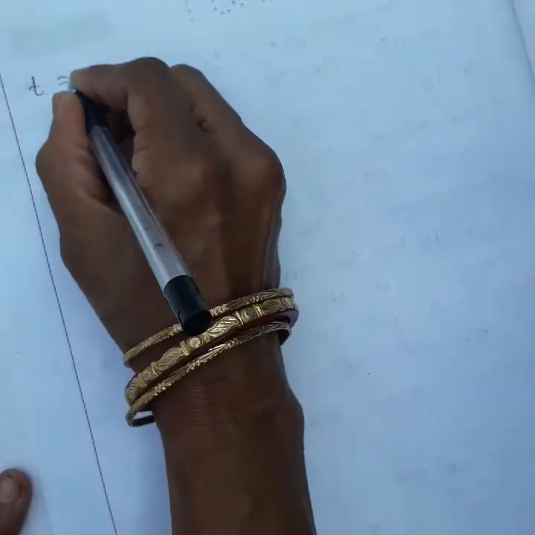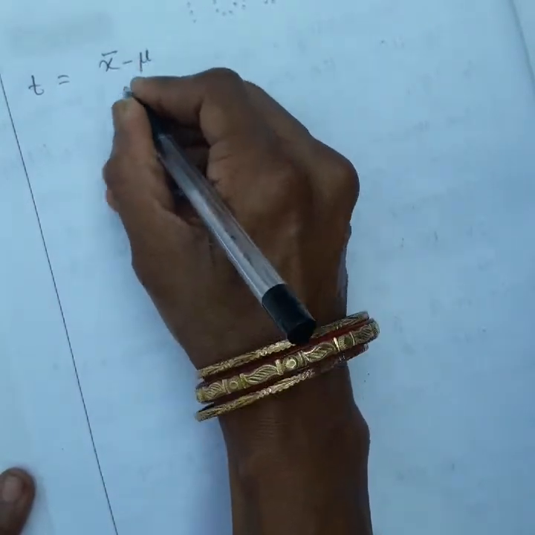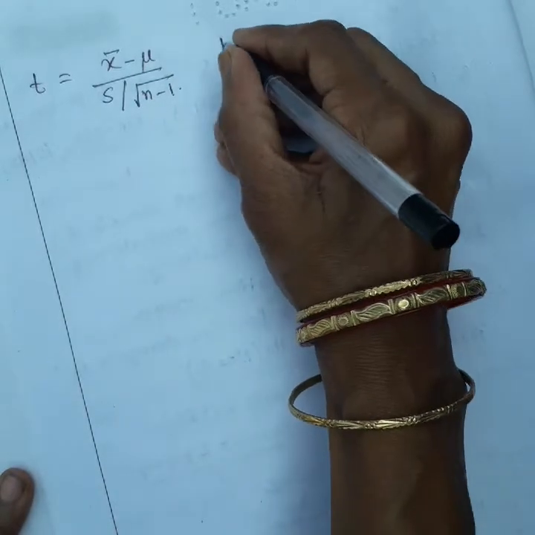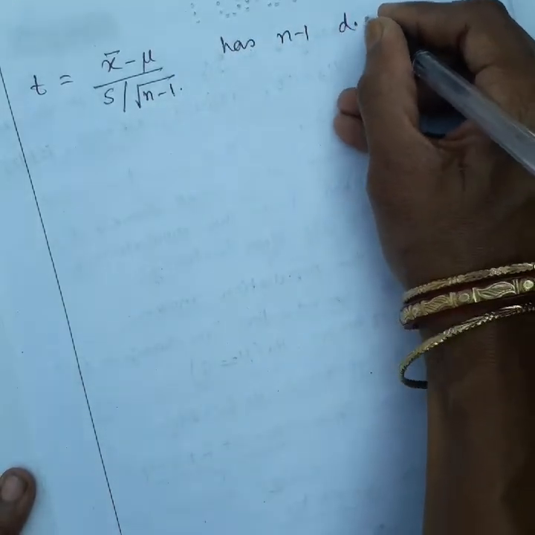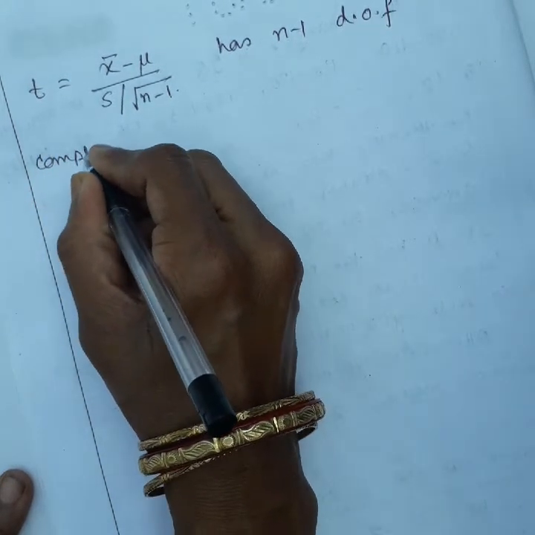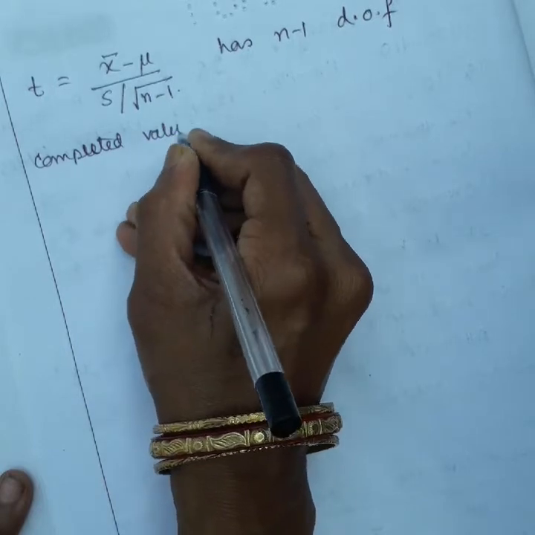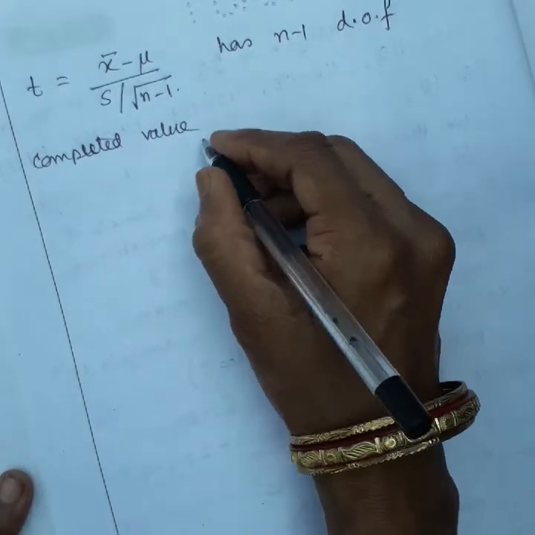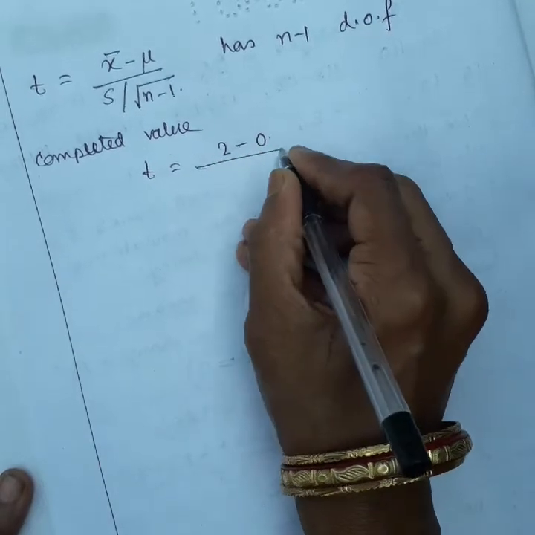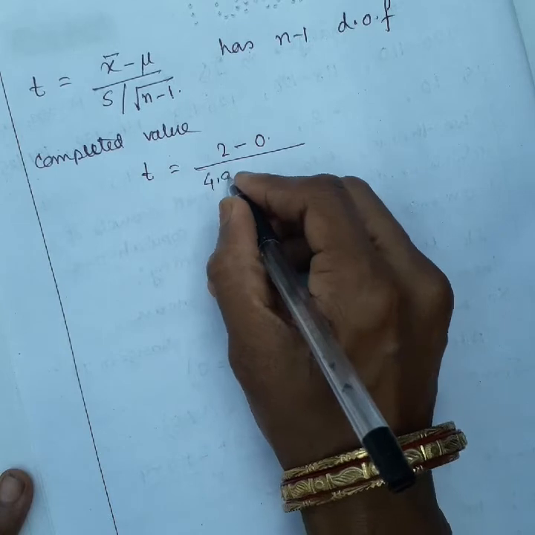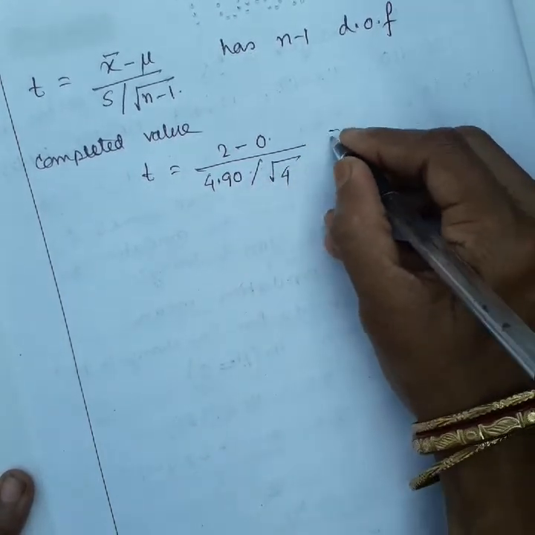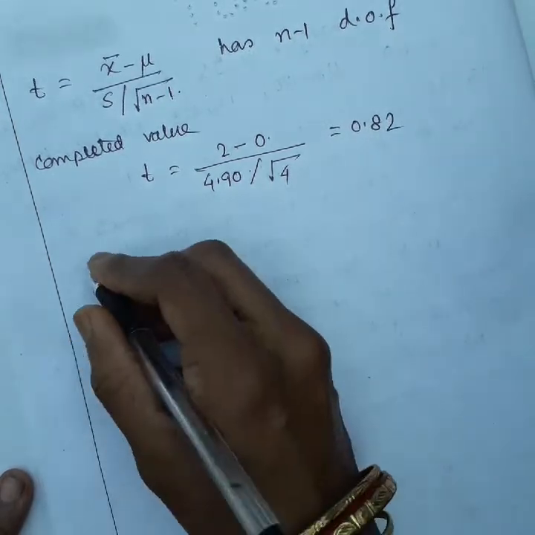So T is equal to x bar minus mu by s by root over n minus 1, which has n minus 1 degrees of freedom. The computed value T is equal to x bar is 2, mu is equal to 0, s is found here 4.90 by root over 4, that means 0.82.